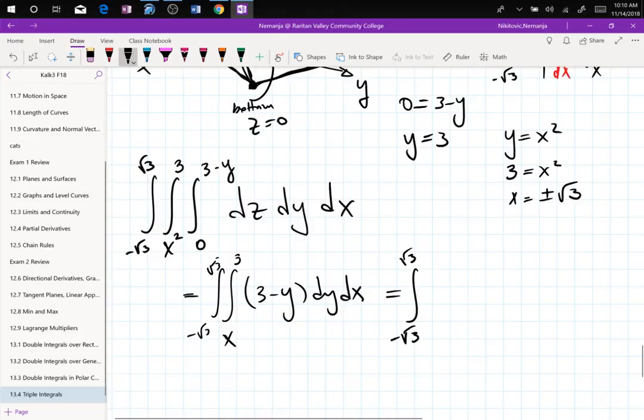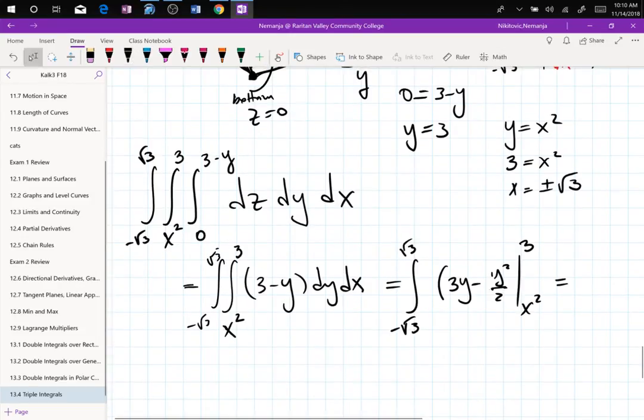Thank you. Yes. So it's going to be 3y minus y squared over 2 from x squared to 3, and x from negative root 3 to root 3. I really have to get this tip fixed, because this is getting really annoying to write with.